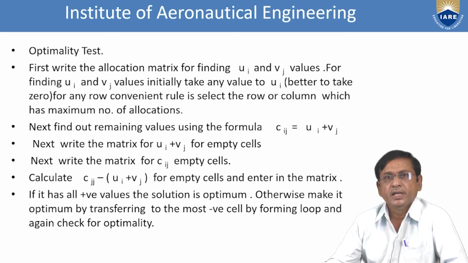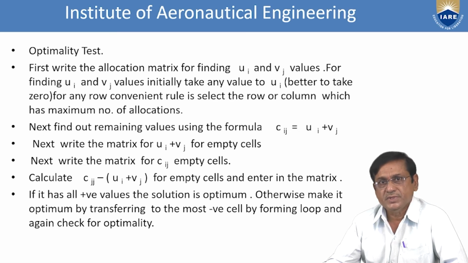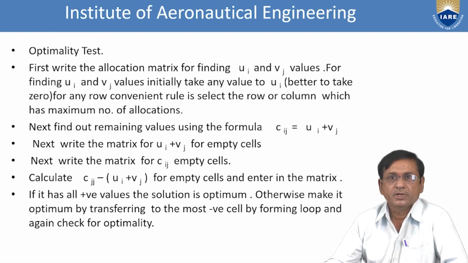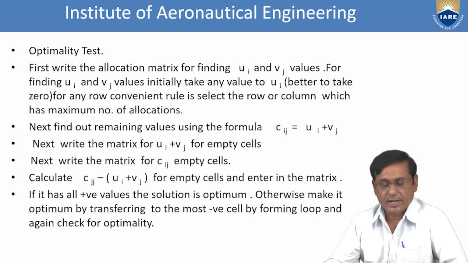Next, find out the remaining values using the formula Cij is equal to Ui plus Vj. Next, write the matrix for Ui plus Vj for empty cells, and then write the matrix for Cij. Next, calculate Cij minus (Ui plus Vj) for empty cells and enter in the matrix.